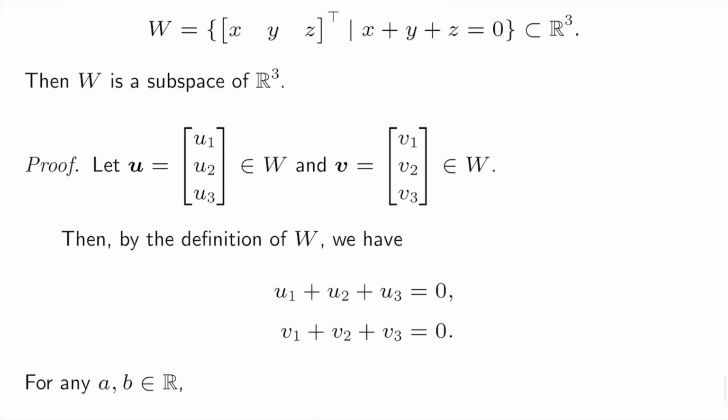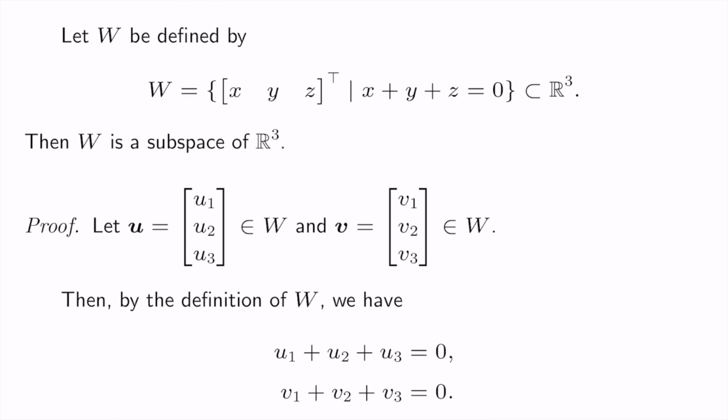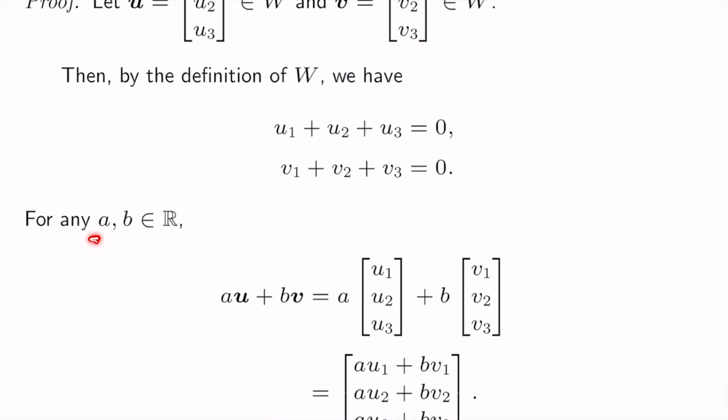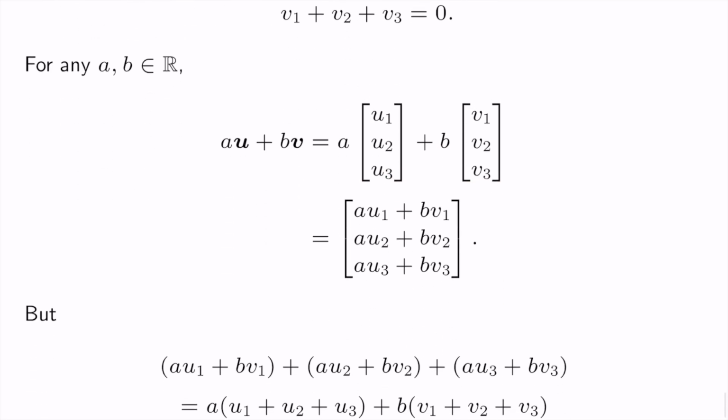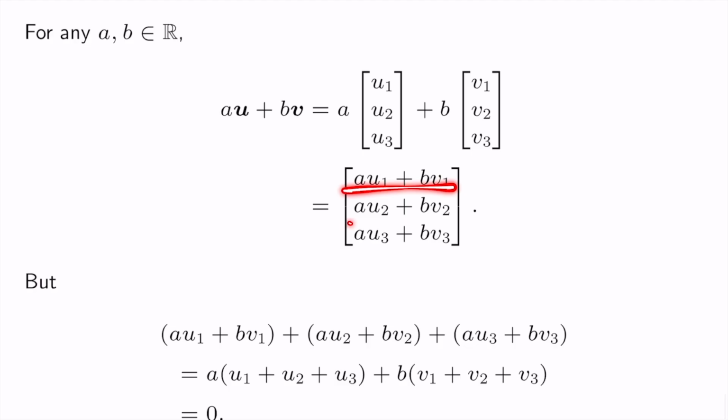Let's prove this. So let U and V be elements of W. Then according to the definition of this W, U1 plus U2 plus U3 is equal to 0, and V1 plus V2 plus V3 is equal to 0. And for any real numbers A and B, this linear combination, A times this vector and B times this vector, is this vector, according to the vector algebra. Now, let's add these three elements.